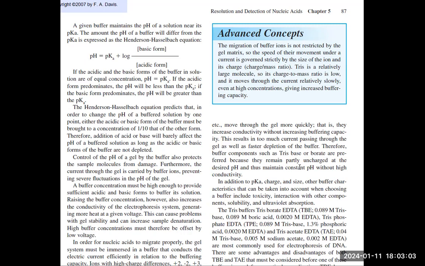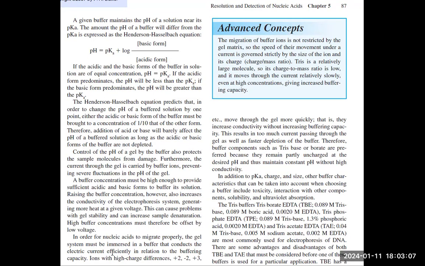The thing you need to remember with buffers is if we are dealing with ions having high charge differences, like -3, +3, -2, +2, these ions can migrate in the gel faster.